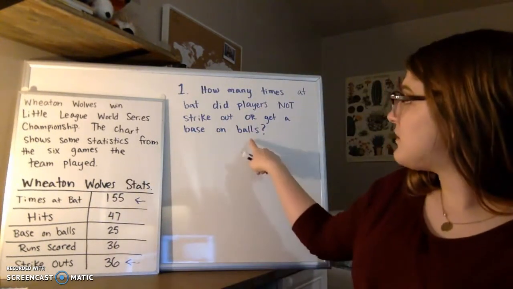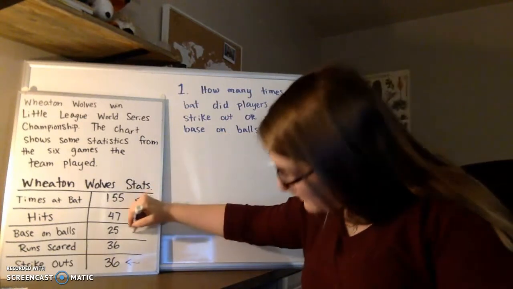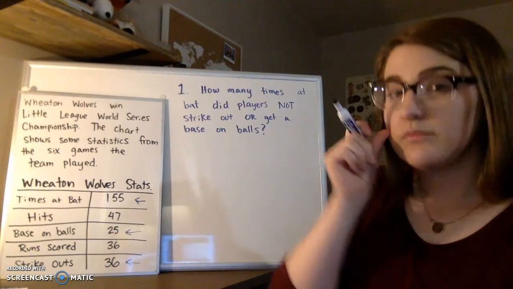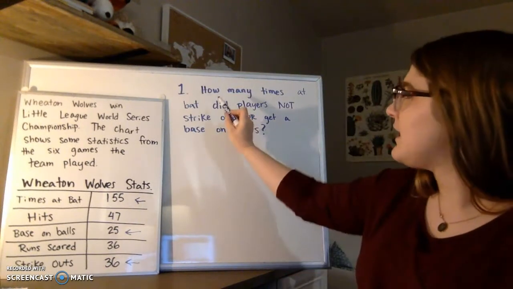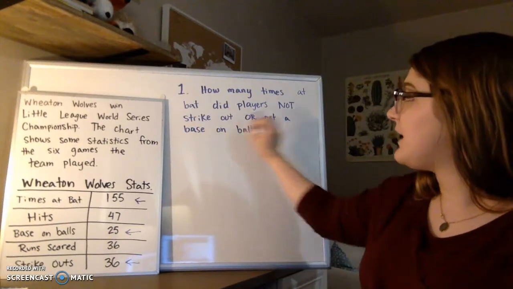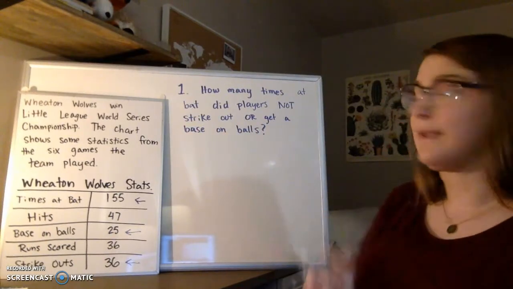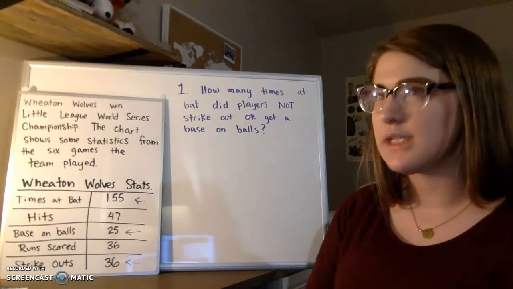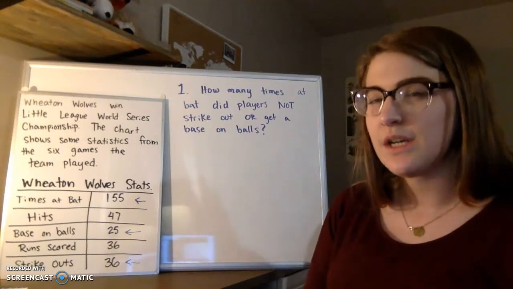And it also mentions a base on balls. So let's see. It asks how many times at bat did players not strike out or get a base on balls? What does that sound like to you? Addition, subtraction, multiplication, division? What do we think?